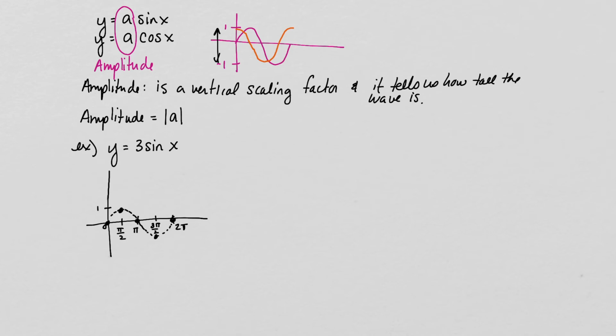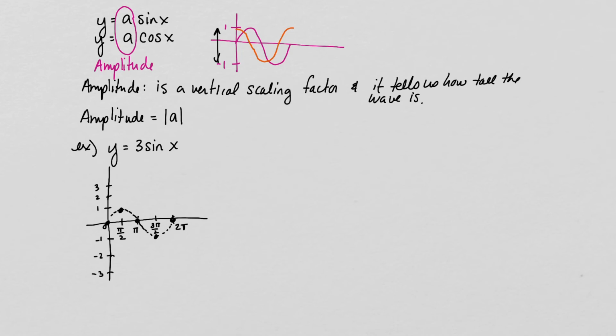And so now I want to draw a graph where the amplitude is higher. This point here used to be -1, so now we're going to go -2, -3. So rather than our graph going between -1 and 1, it's going to go between 3 and -3.